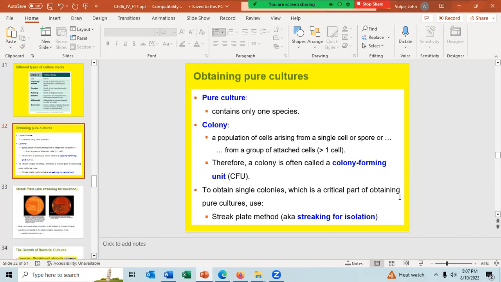When we're talking about pure cultures, you should realize that a pure culture is one that has only one species of bacteria growing in it. Louis Pasteur came up with the concept of a pure culture, and he came up with a way of obtaining a pure culture. However, that way was not very easy.